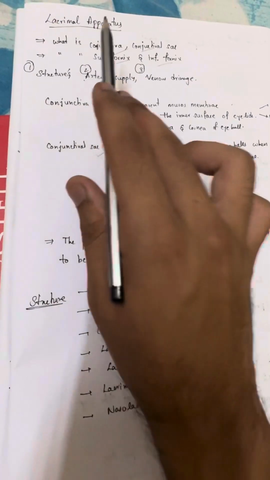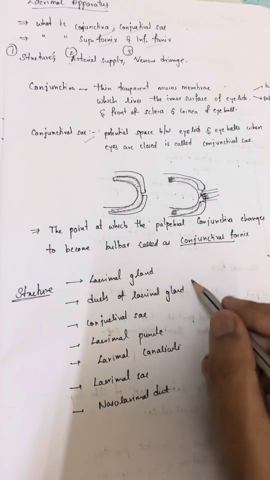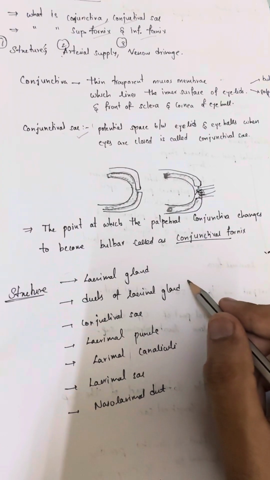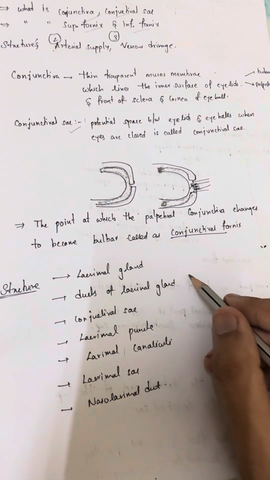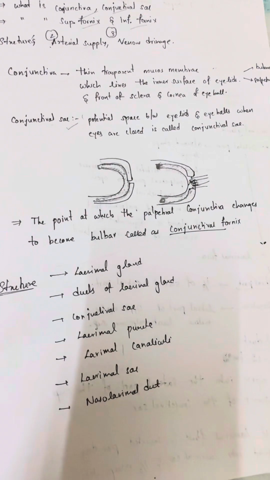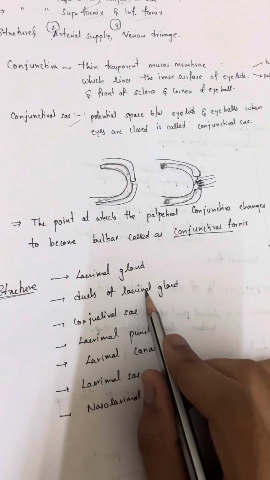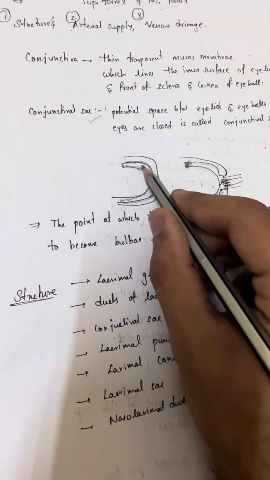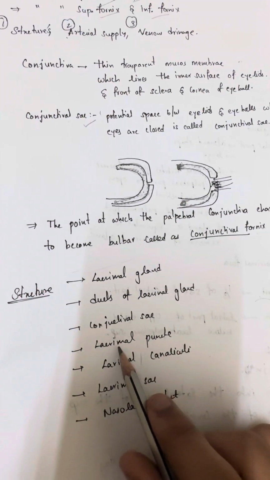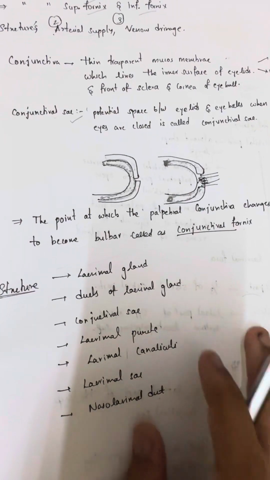The structures of the lacrimal apparatus include this. We don't have to memorize this, just know the movement of the lacrimal fluid: it comes from the lacrimal gland and reaches the lacrimal ducts, and it opens into the conjunctival sac, then the lacrimal puncta, the lacrimal canaliculi, the lacrimal sac, and the nasolacrimal duct.